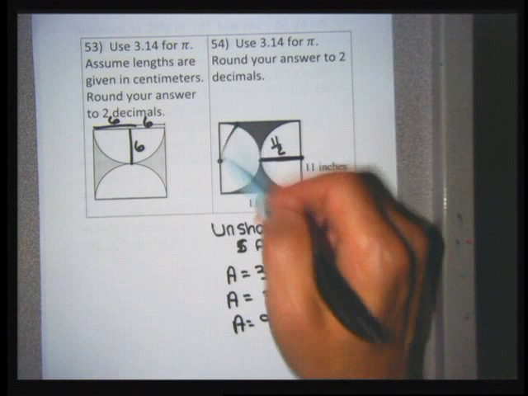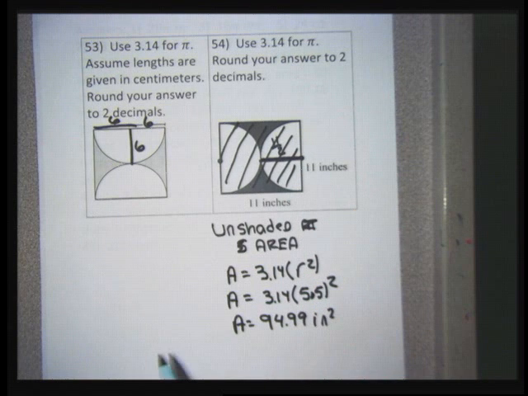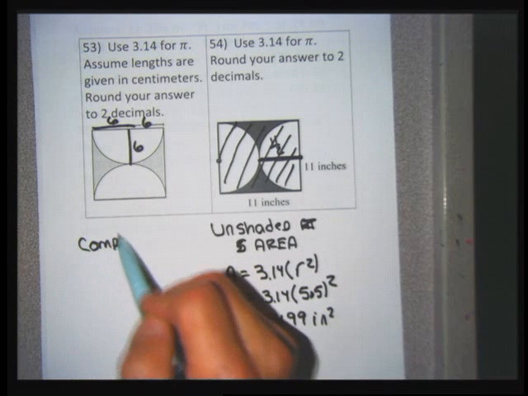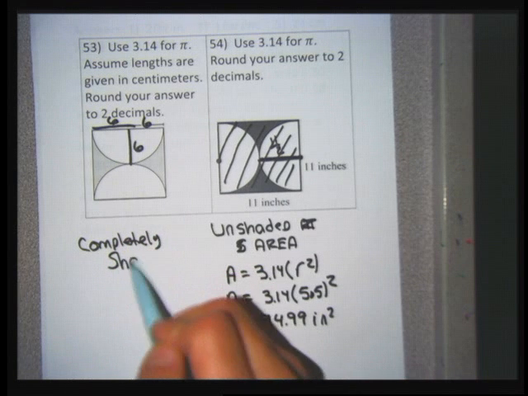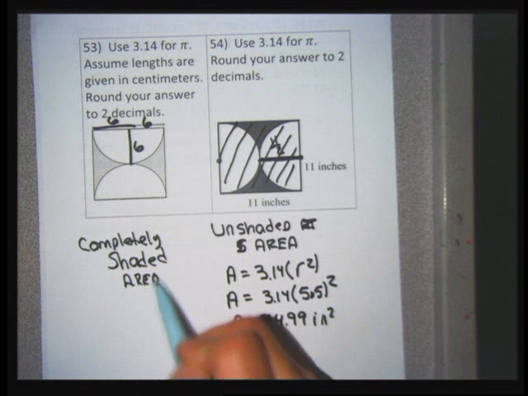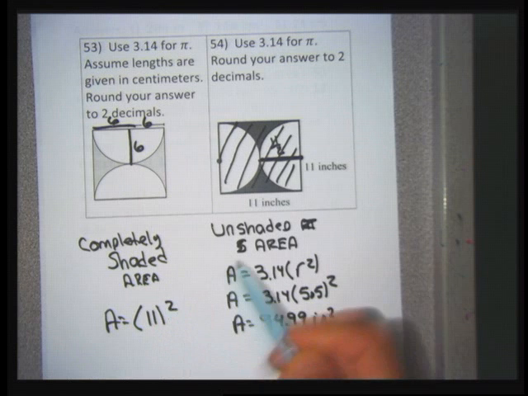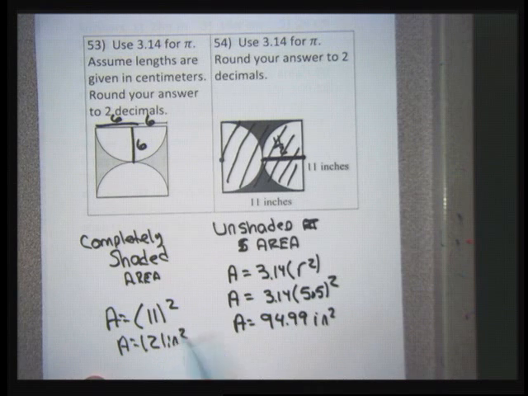And then if this whole thing was shaded in, I would be finding the area of a square that's 11 by 11. So my completely shaded area is going to be 11 squared, because area of a square is side squared, and that's going to be 121, and it's going to be inches squared.